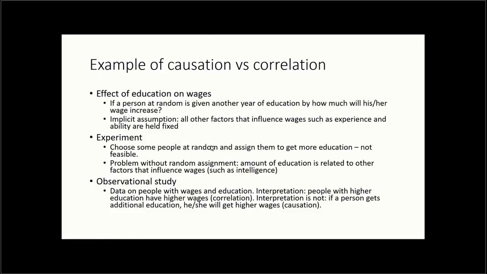All we can say is that people with higher education have higher wages, which is a correlation. But we cannot say that if a person gets additional education, they will get higher wages. That's causation, and we don't have that kind of experiment in place. We only have observational data.